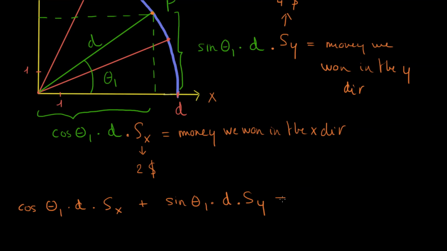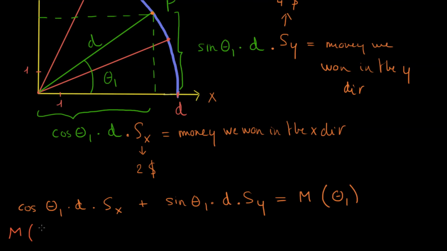So this is the money we won by following a direction, the direction theta1. So I'm going to call it the money we won by following the direction theta1. Now we see how the function we wanted to know will look like. We'll call it m for money. This function will be quite useful.